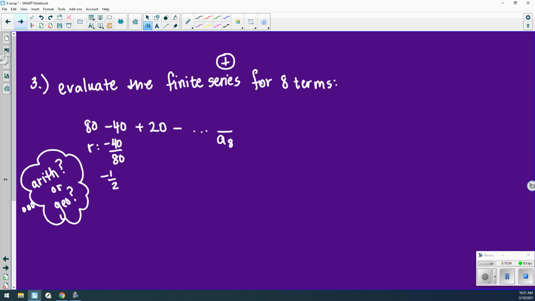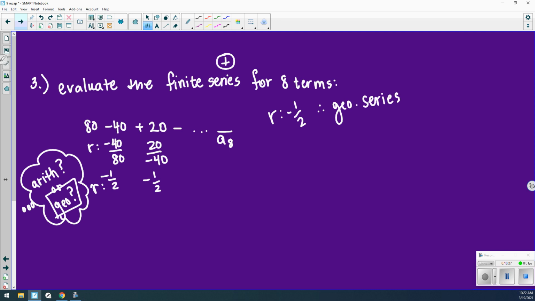Check this out, 20 divided by -40, also -1/2. So indeed, I do have this common ratio of -1/2. So it is a geometric series. My common ratio is -1/2. Therefore, I'm looking at a geometric series.